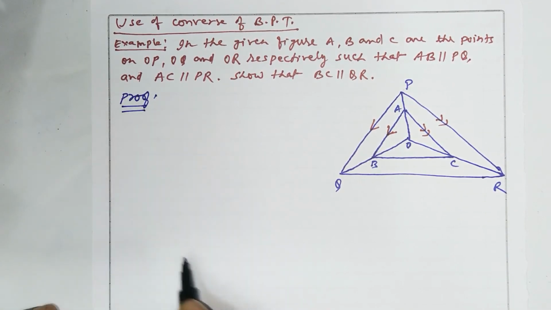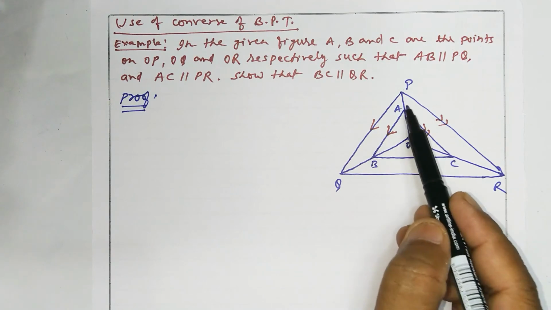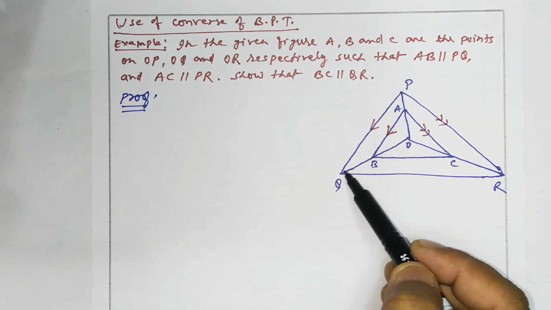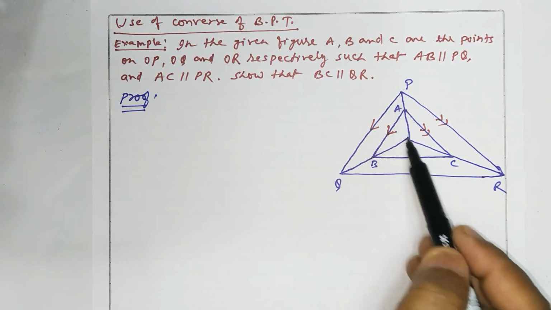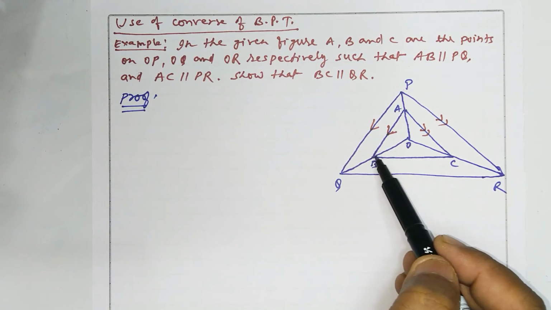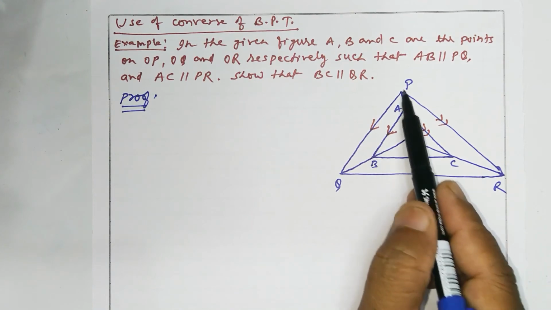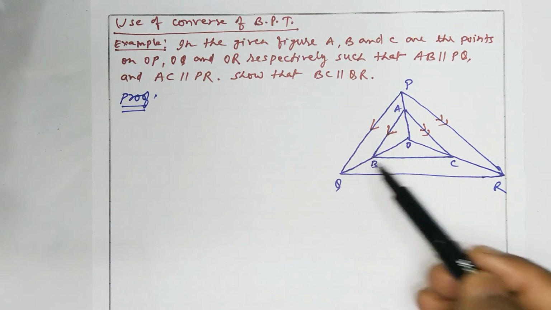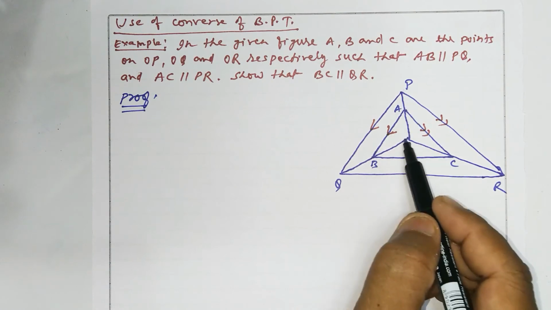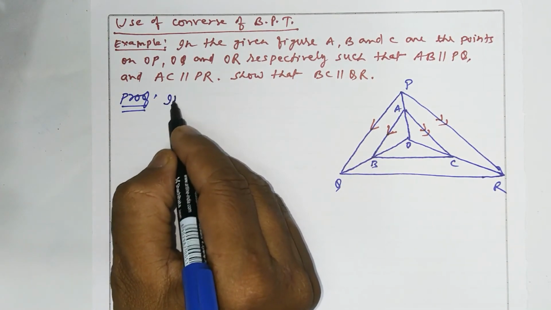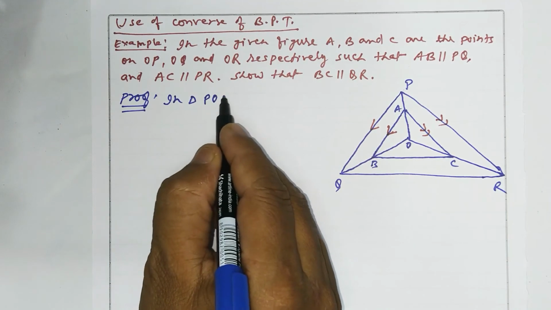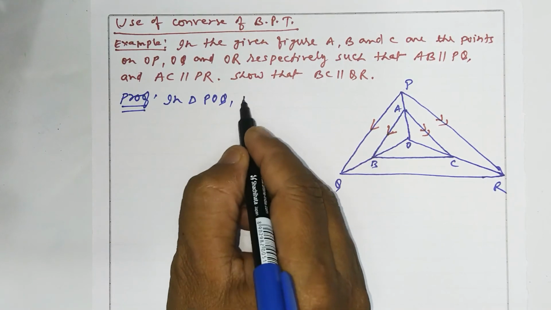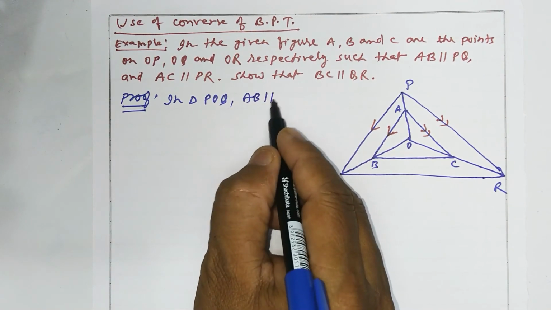Proof. First look at triangle POQ. In this triangle, this side is parallel to this side. So according to BPT, OA by AP equals OB by BQ. So write: in triangle POQ, AB is parallel to PQ.